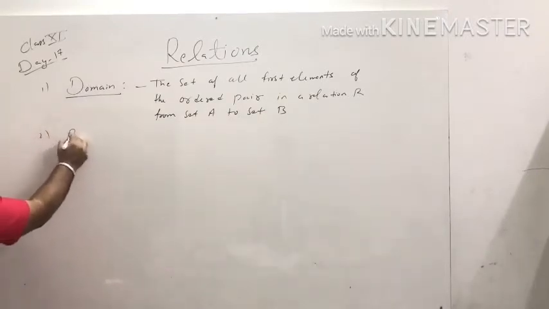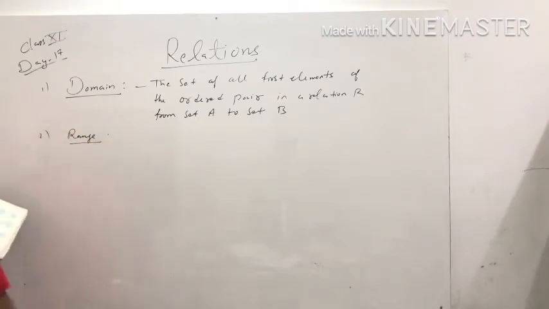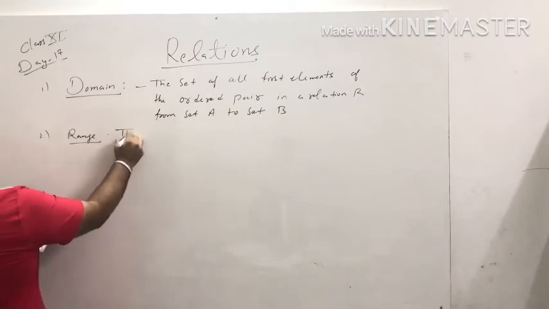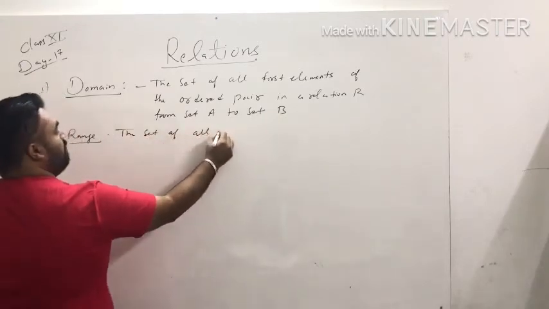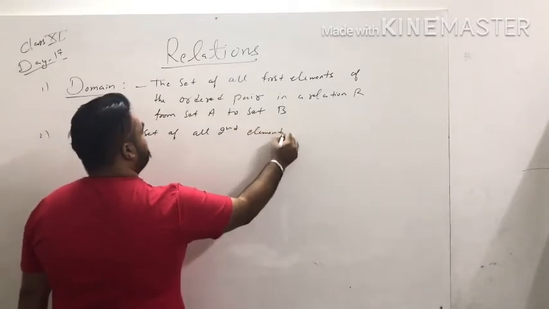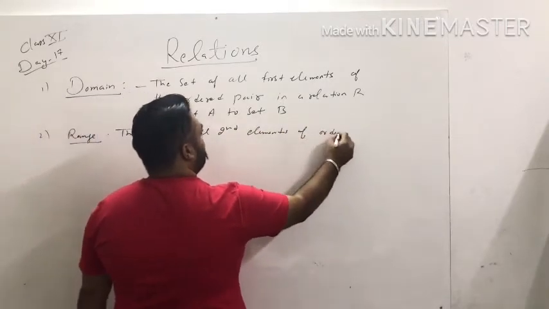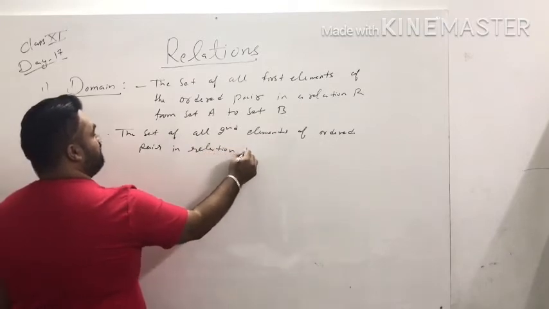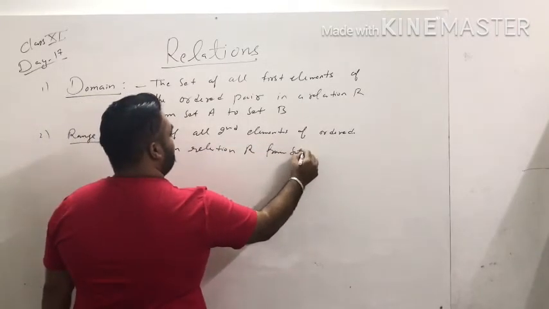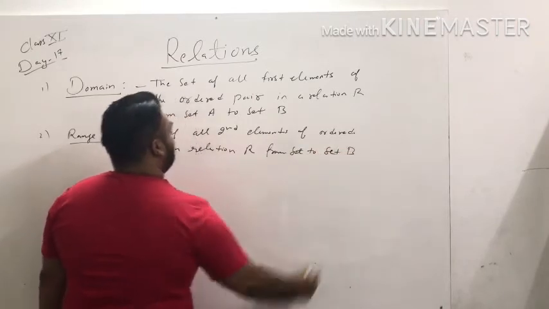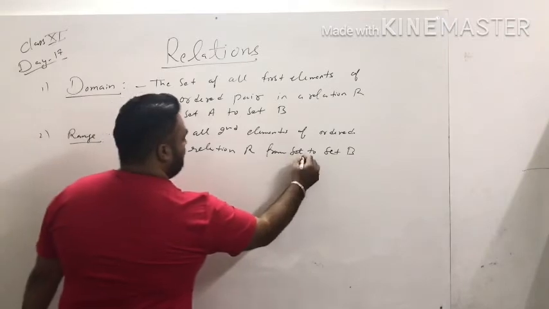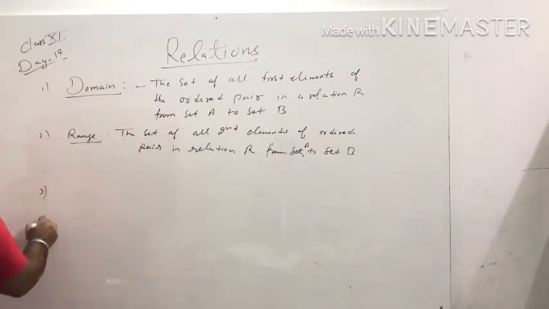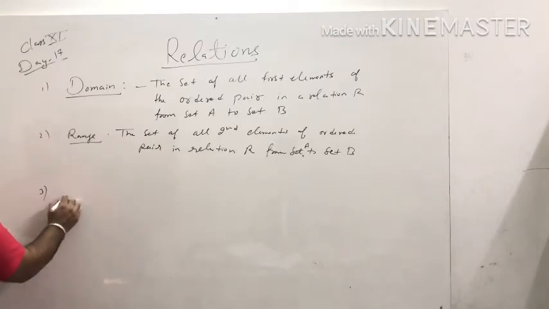Again, after that, range. The range is the set of all second elements of ordered pairs in relation R from set A to set B. The third one, codomain.